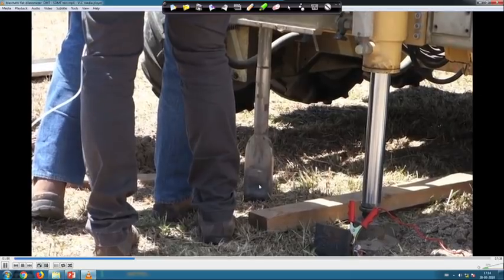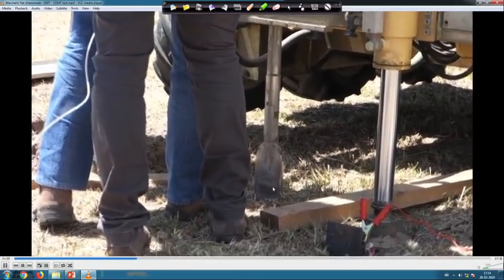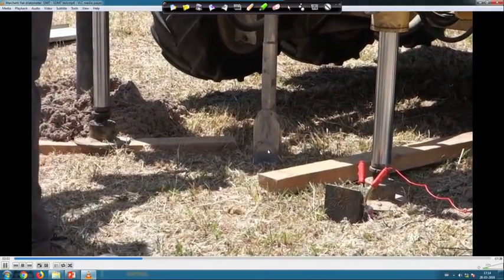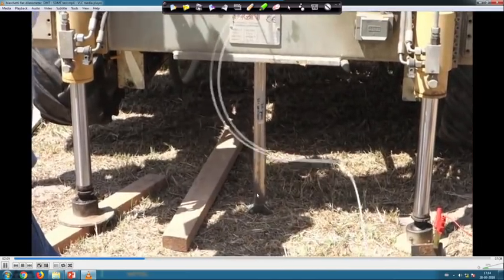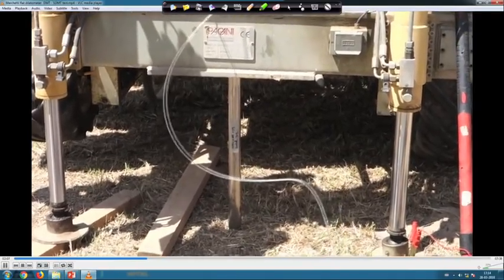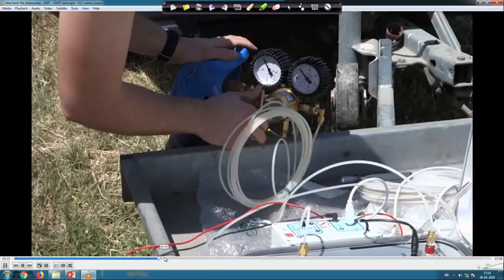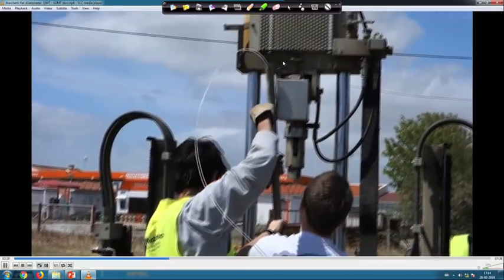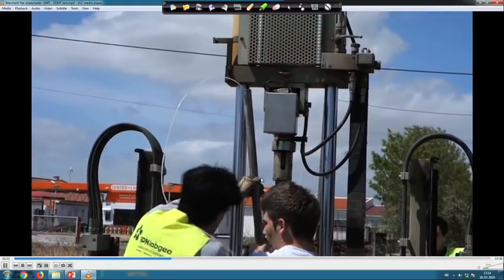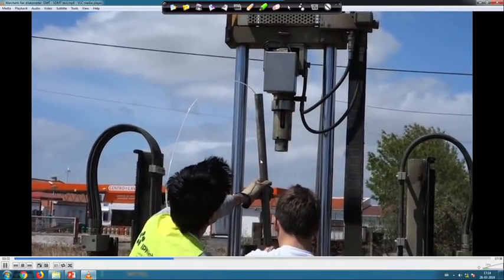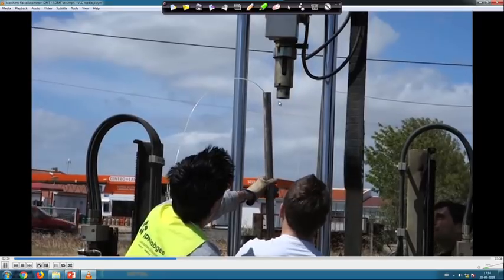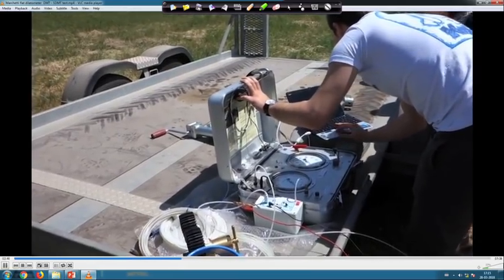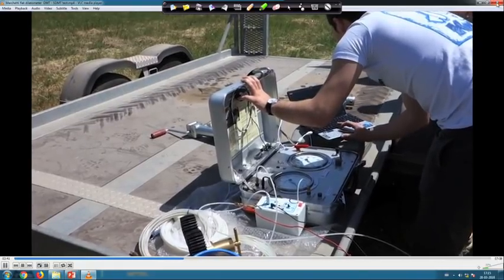This is the instrument which is basically pushed into the soil. This is the thin membrane, and it is pushed into the soil and the corresponding readings are taken. Then we increase the depth of the instrument by attaching the rod, and then we can measure the data.